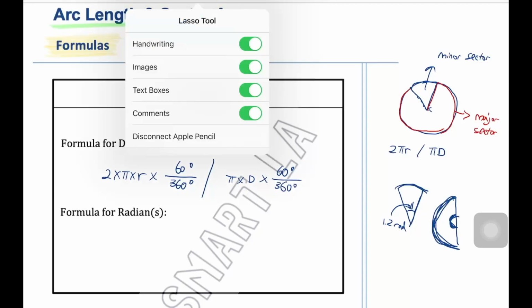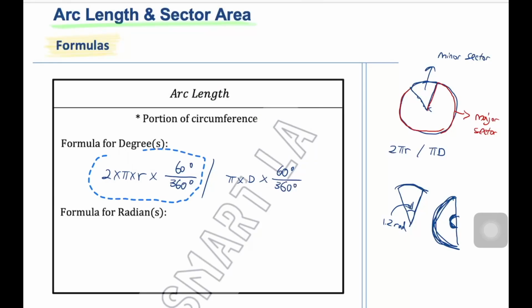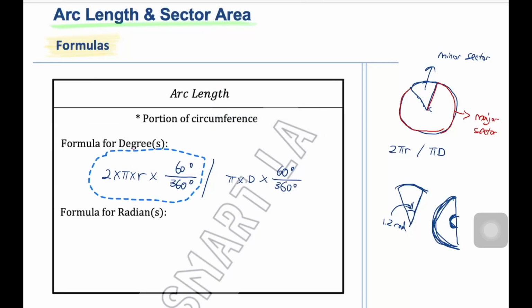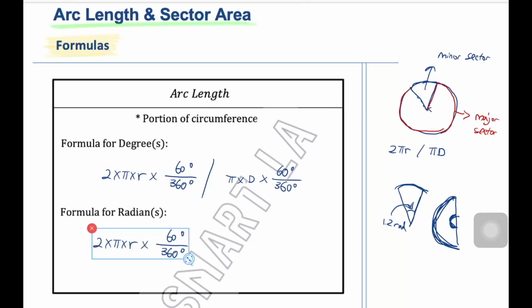I'm just going to duplicate this to show you that it's exactly the same. Now what will happen is that I'm just going to change the angle, because the angle is no longer in degrees, it is in radians. So I'll put 1.2 radians here, and I will put it over 2 pi. Why?